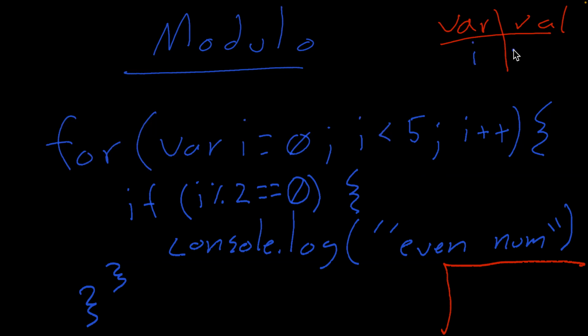I start with 0. We enter, we check here: if I modulo 2 is equal to 0, can 2 divide into 0 evenly without any remainder? 0 is one of those numbers, right?